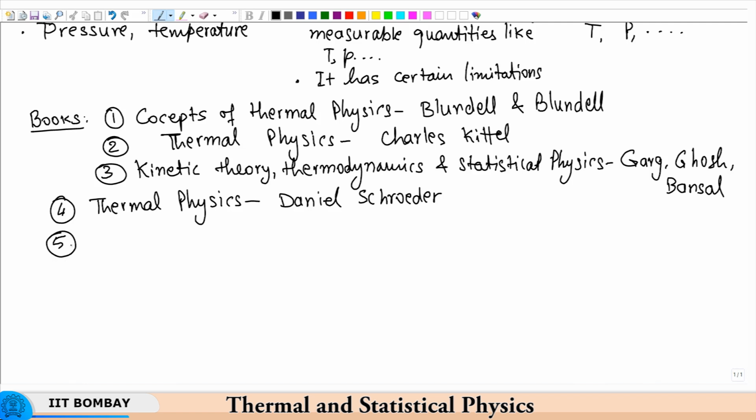And for statistical mechanics, this is another one, Classical and Statistical Thermodynamics by Ashley Carter.